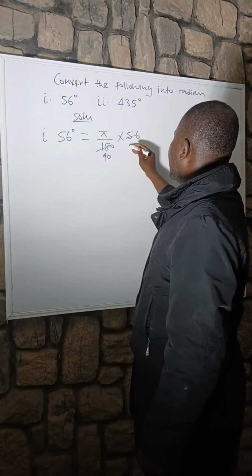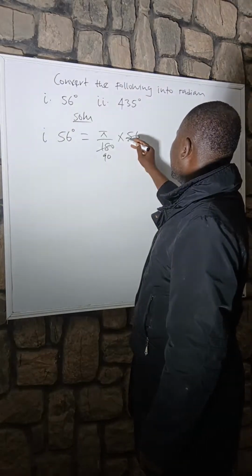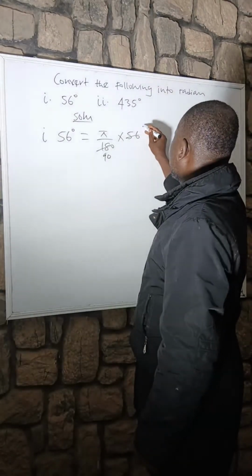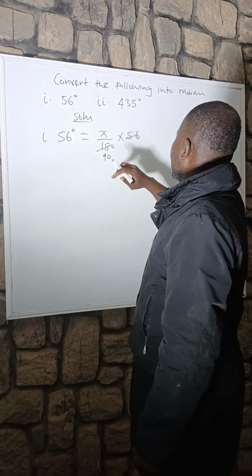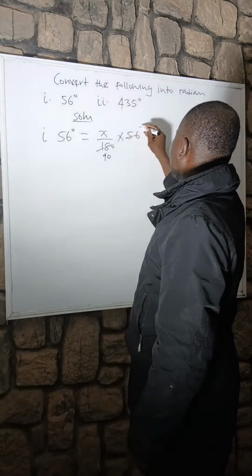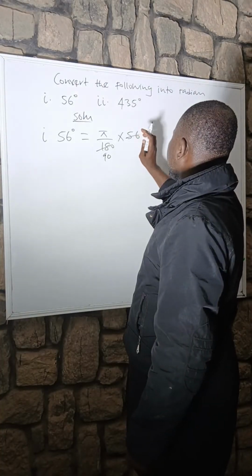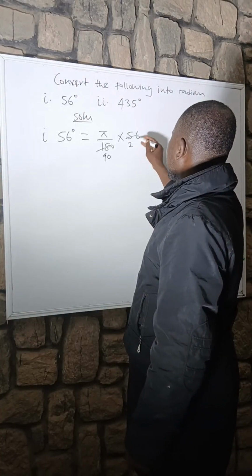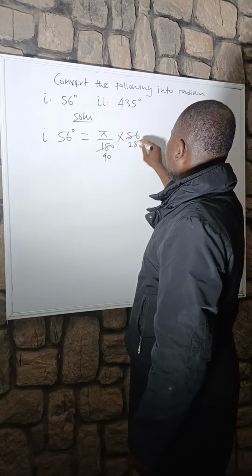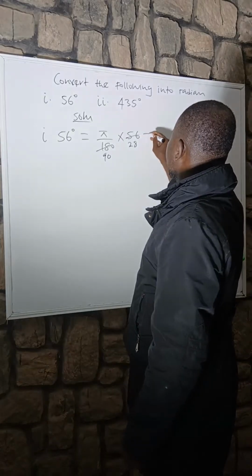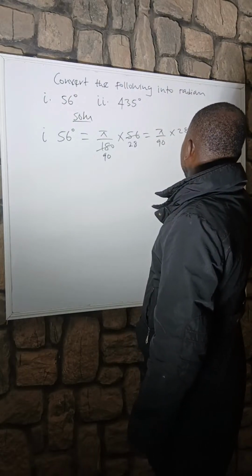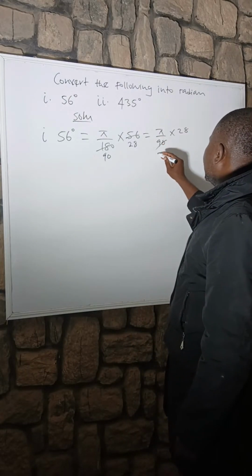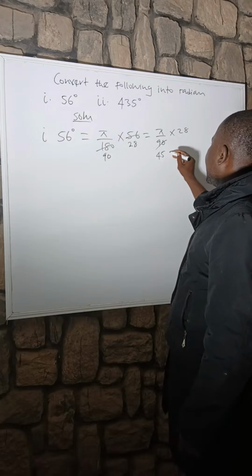This will give us what? 2 times 5, 2 carry 1, 28, right? So this is equal to pi all over 90 times 28. 2 can still come to give us 45, right?